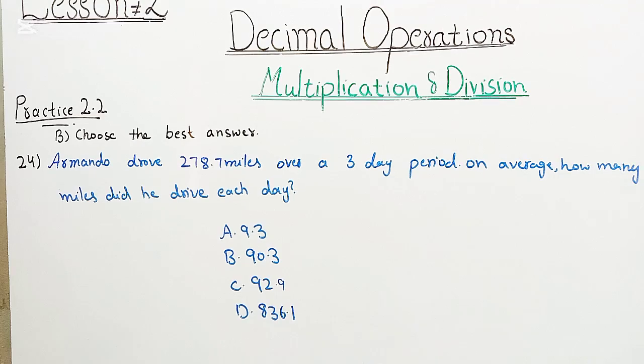Question number 24. Armando drove 278.7 miles over a 3-day period. On average, how many miles did he drive each day? A 9.3, B 90.3, C 92.9, D 836.1. Now we solve this problem step by step.